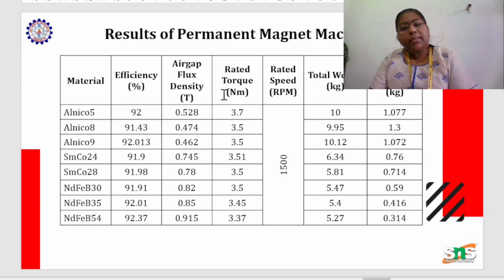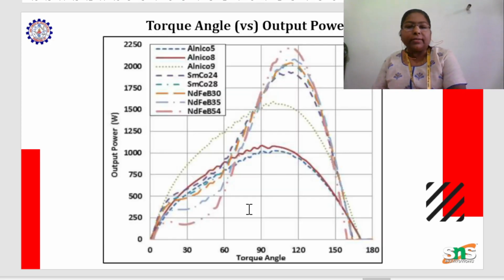If you take up the efficiency, the efficiency is going to be higher, with only a slight variation in the efficiency level, and the torque that can be achieved is also going to be very high.